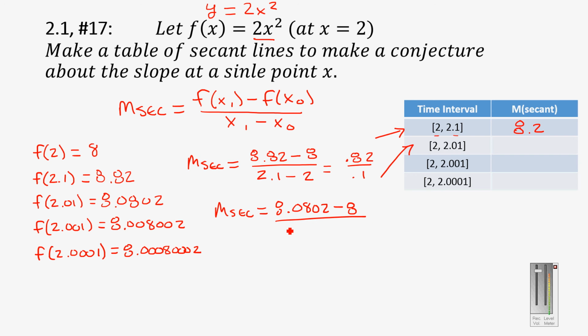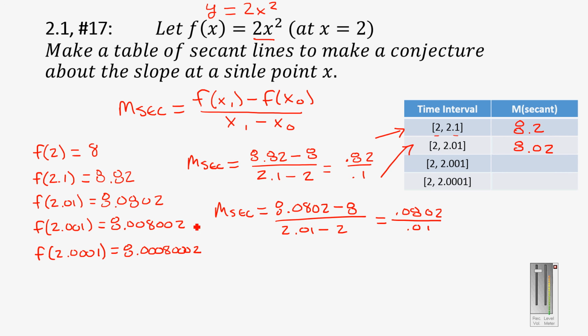And now we've got 2.01 minus 2. So this is some number. Well, it's pretty easy. It's 0.0802 divided by 0.01. And just like before, it should just move over a couple decimal places. So if I'm divided by 0.01, it's just going to slide over a couple decimal places. It's going to be 8.02.